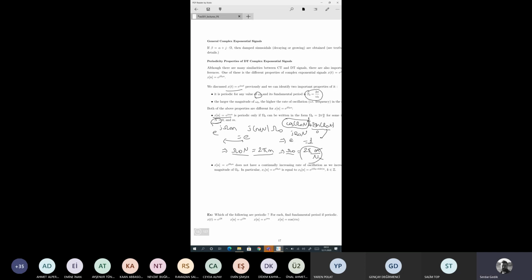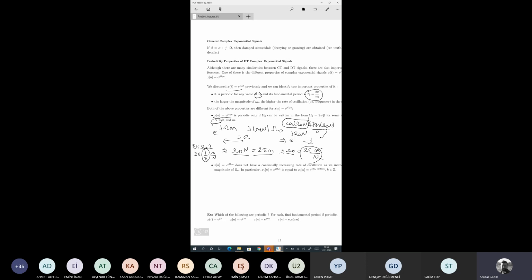As an example, let's consider omega 0 is 2. If omega 0 is 2, I can write this as 2 pi times 1 over pi. But of course, in this case, this is not in the form of m over N. So I cannot write 1 over pi as an m over N division.